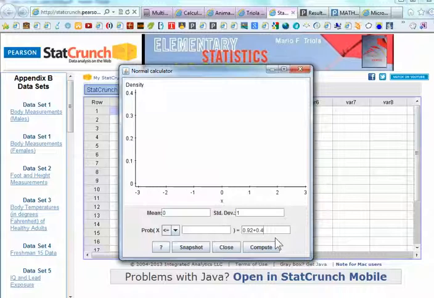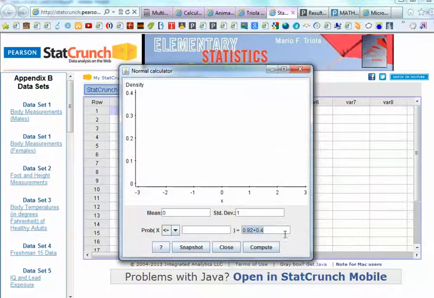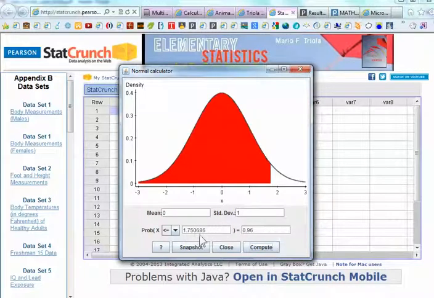Now, this cannot dynamically do this like the calculator can, so I will go and show you the calculator, but it does show me a picture, and that's what I like about it. So let's scoot all that red zone that we had over 4% and put in 0.96. Sorry, 92% plus 4%. And I hit compute, and there it goes.